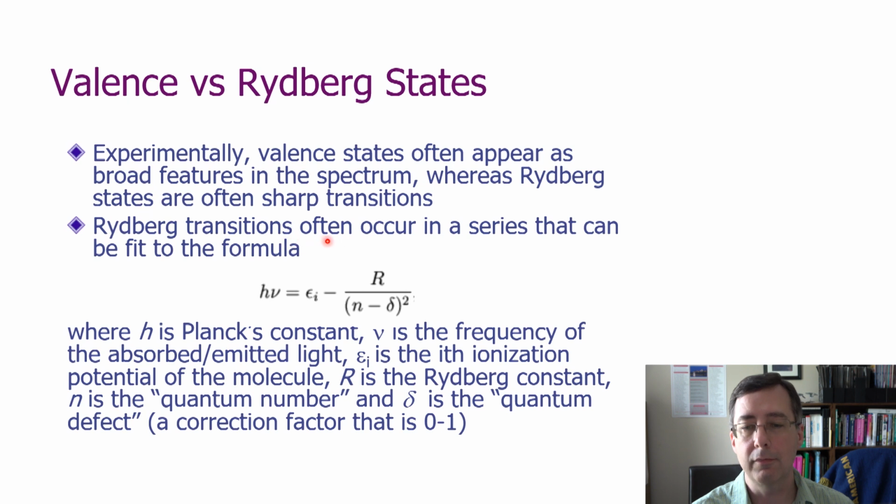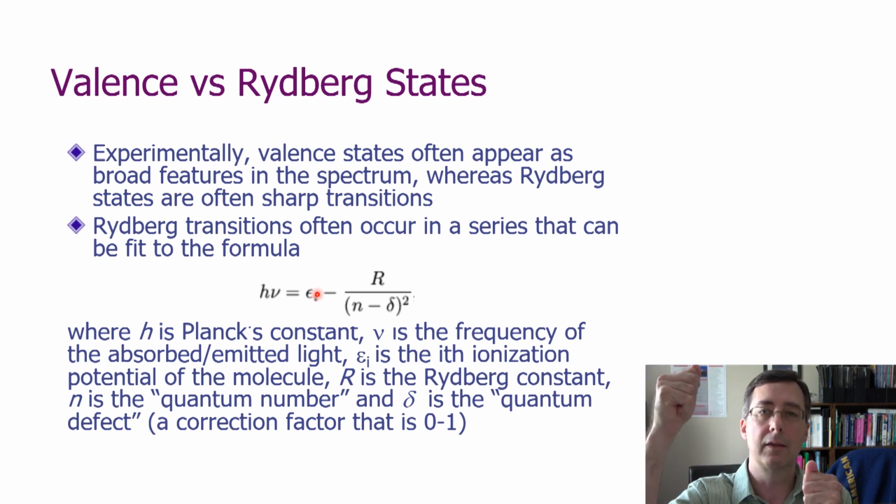Rydberg transitions often occur in a series that can fit to a formula where the frequency of light times Planck's constant equals some energy epsilon sub I, which is the ionization potential to rip an electron out, minus... it doesn't take quite enough energy to rip the electron all the way out because it's hanging around, so the energy gap is not quite the ionization energy, but a little less than that.